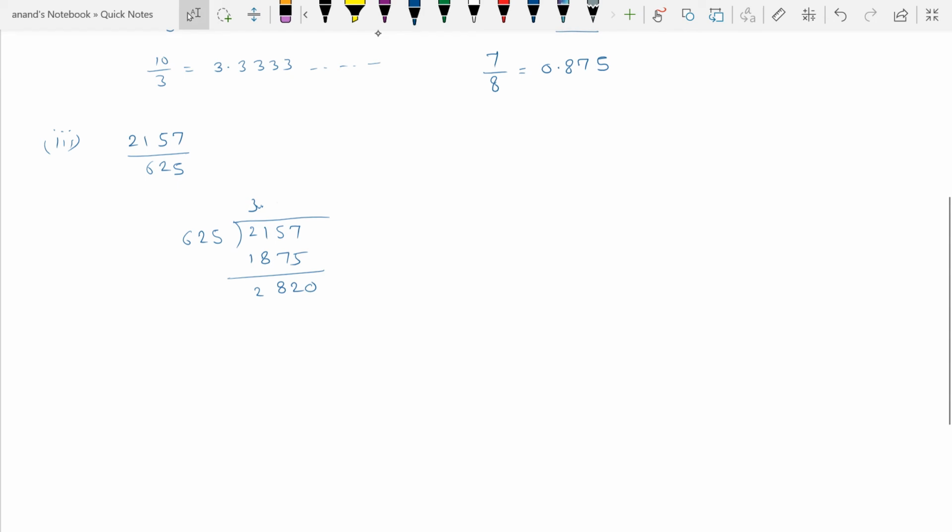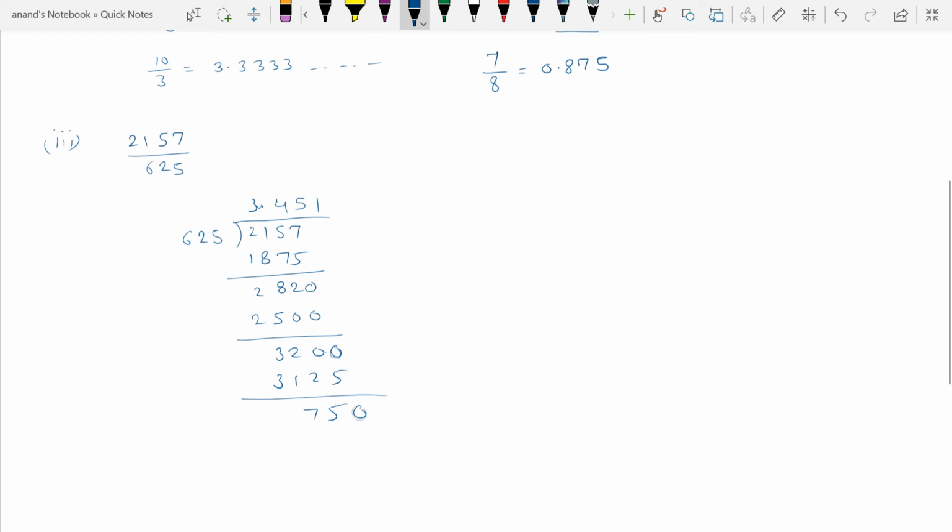So 625 4 ja 2500, and the remainder is 320. So again it is not divisible, so we will use 0 here. 625 5 ja 3125, and the remainder will be 75. Here again it is not divisible by 625, so we will use 0 over here.